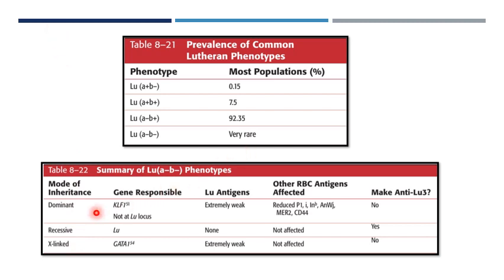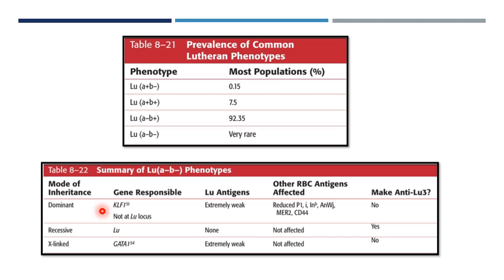The dominant null phenotype was described in 1961, and the silent recessive null phenotype was described in 1963. In the dominant null phenotype, there is a mutation in the gene KLF1, Kruppel-like factor 1.